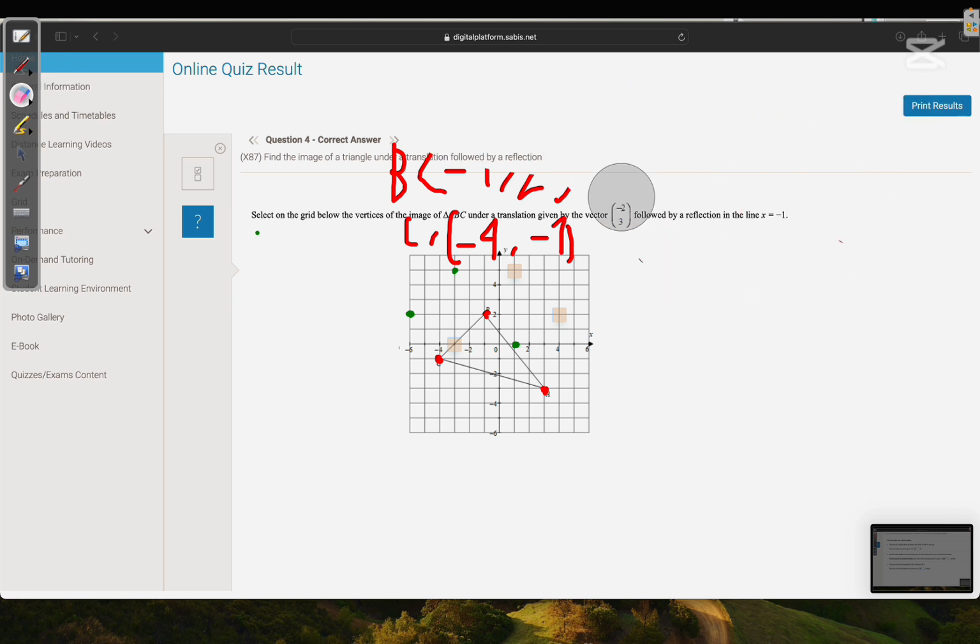Now, after we find the coordinates of A prime, B prime, C prime, they want us to do another transformation, which is reflection about the line x is equal to negative 1. The line x is equal to negative 1 is a vertical line, right here.